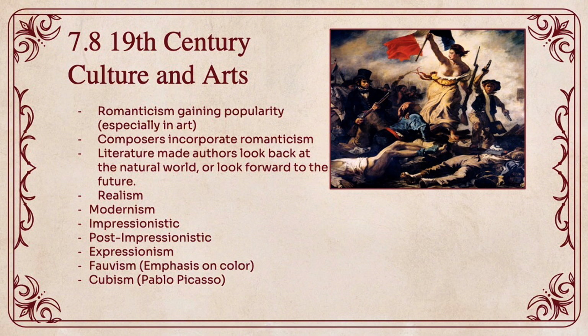You also got literature such as Frankenstein that came out, focusing more on the natural world and looking towards the future. You also had realism that focused more on the ordinary lifestyles of people and the ordinary things that they do. Also, modernism emerged, which made art more abstract and experimental. And following that, you got Impressionism, making paintings more focused on light and color and how that influences the moment.